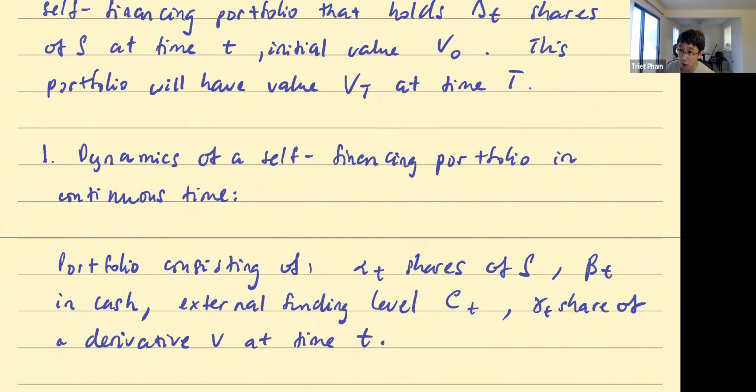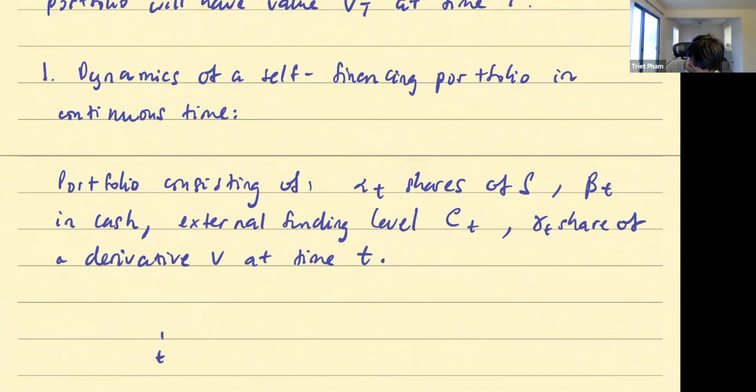The question is, this is the time moment t. How does the portfolio change value in the next split second or so? Here the portfolio value, let's call it pi_t. What is the value of the portfolio at time t plus dt in terms of these quantities and in terms of their change?